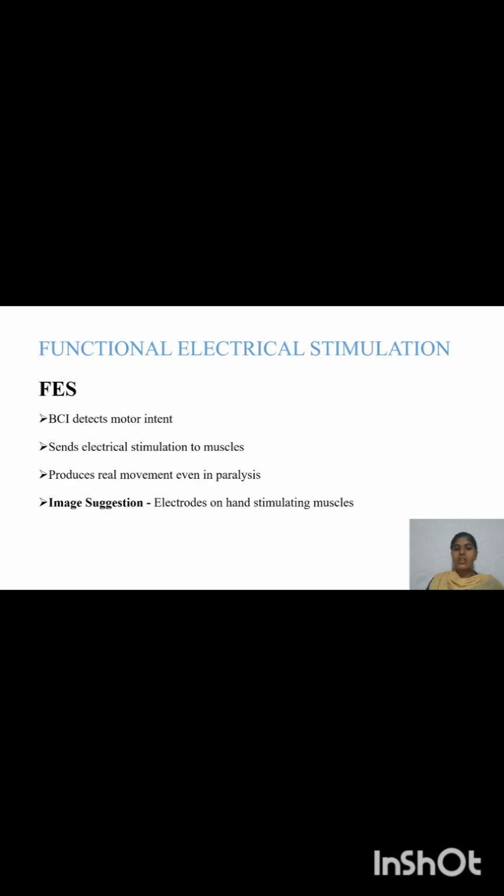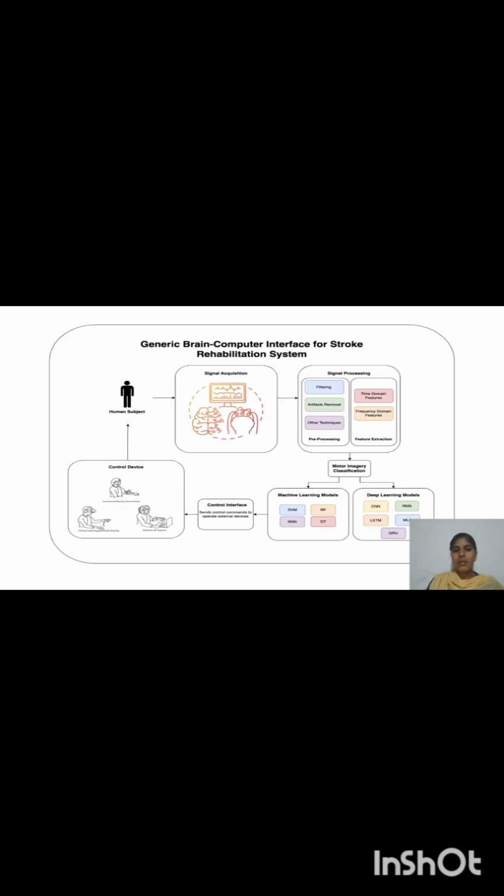The electrical energy is given to the muscle regions to produce real-time movement. Even in paralyzed patients who cannot move from one place to another, we produce movement with external electrical stimulation. Image suggestion: electrodes on the hand stimulating the muscles.